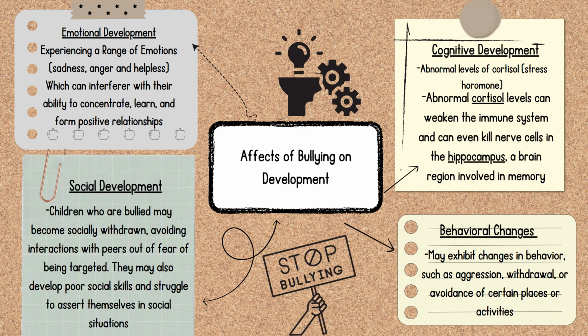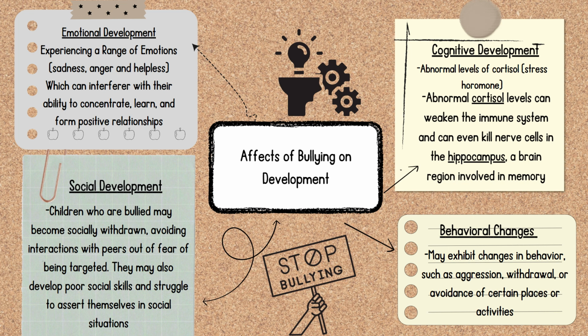Depending on the child's age, they may already struggle with regulating their emotions, and feeling these big feelings may challenge the child to redirect their feelings to a more positive emotion, such as happiness or finding enjoyment in things. It can also interfere with the ability to concentrate, learn, and form positive relationships.